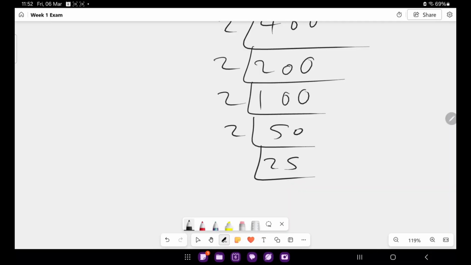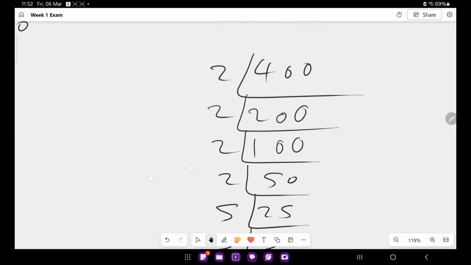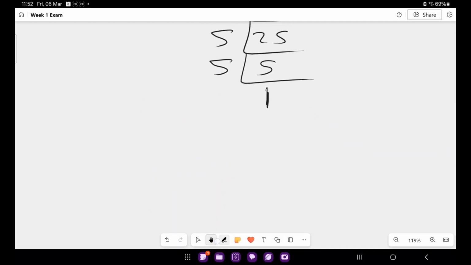Okay, maybe 3. 3 can't get into 25. 4 can't, but 5 can get into 25. So we divide by 5. So 5 into 25, we get 5. Then we divide again by 5. Then we get 1. Once you have reached 1, that's where you stop. And now you list 400 as a product of its prime factors.